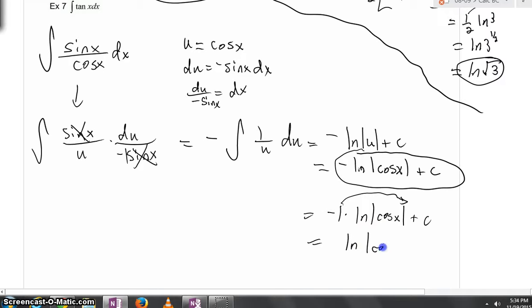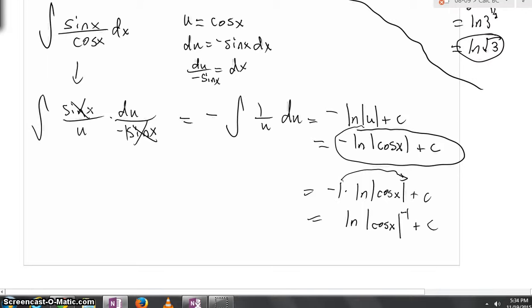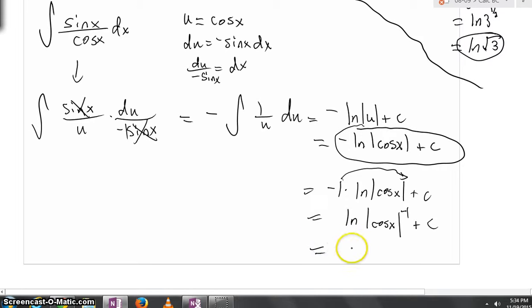So this would be the natural log of the cosine of x, an absolute value, all bumped up to the negative 1 power. But that negative 1 power, cosine to the negative 1 power, is the reciprocal of cosine, which is secant. So here is another form that is just as correct. This is found in a lot of textbooks, but both of the answers I circled are in fact valid.